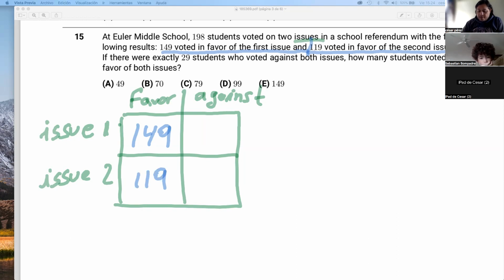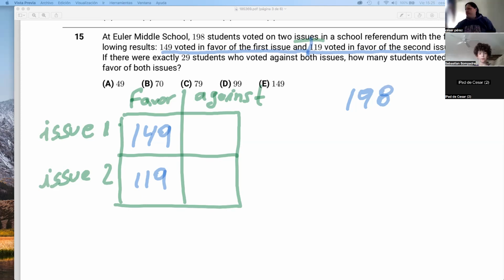Okay. We have 198 students. How many voted against the first issue? All the students vote. Issue.